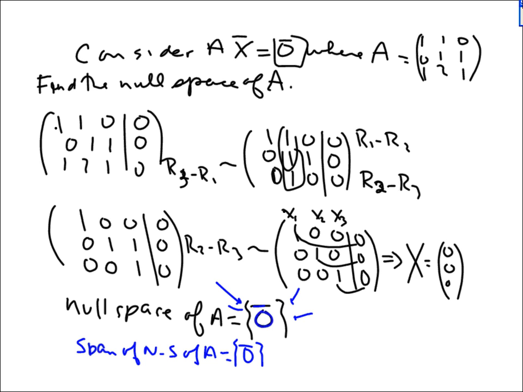It's not usual that the null space of A and the span of the null space of A will be equal. The only time is if the null space of A just has the zero vector.